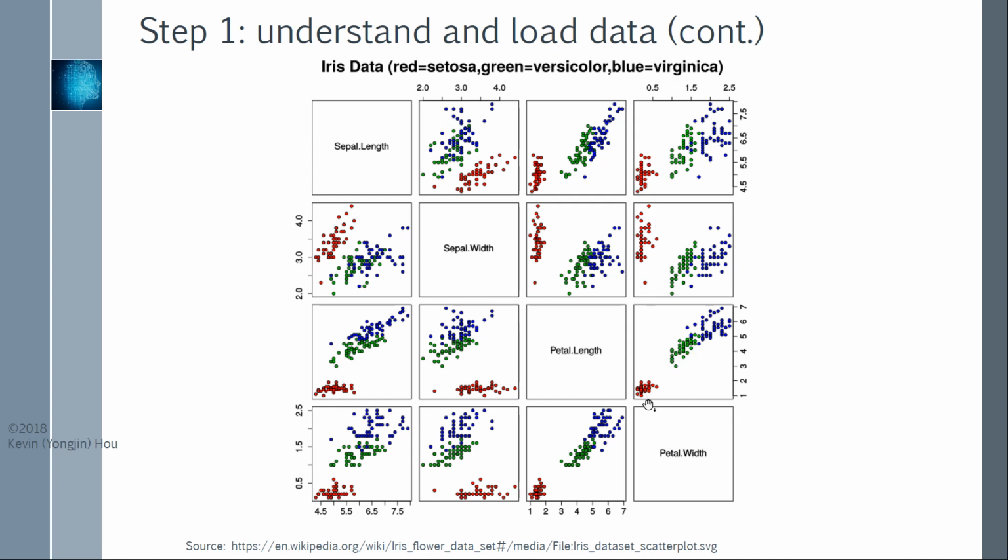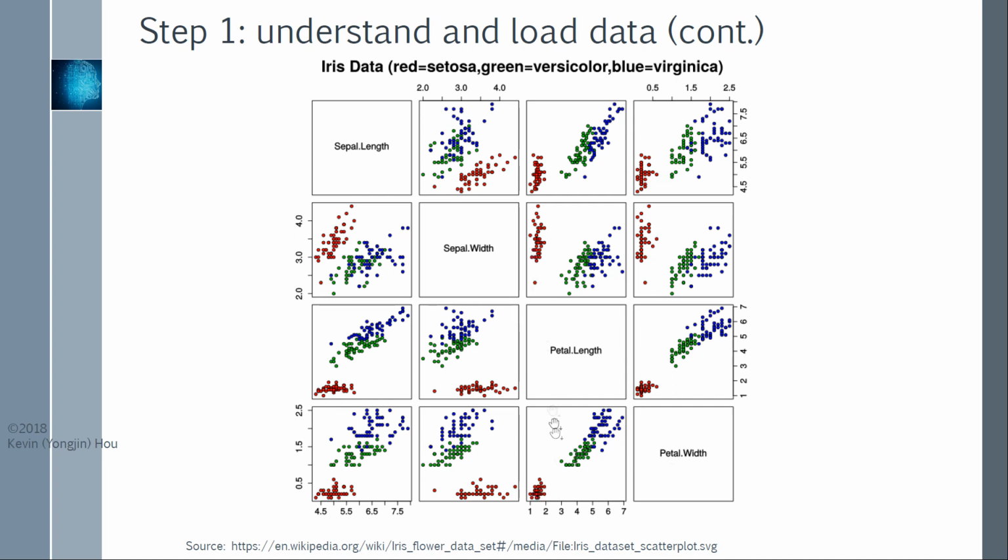We see red almost in this x variable range, and green almost in this range, and blue is in the high end of petal width. That tells us petal width is different between classes, but very similar within the same class. So that's why petal width is a good feature to keep if we want to only keep two features.